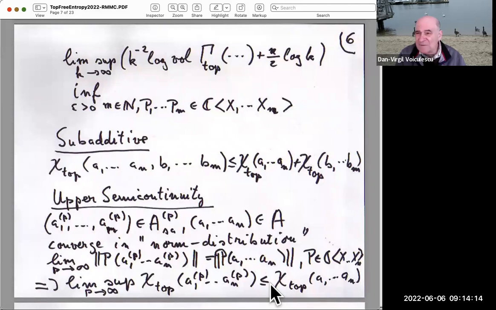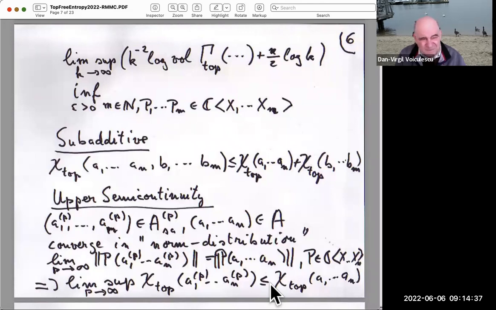You have the same thing here, but instead of convergence in distributions, there is a convergence of norm distributions. That is the limit of the norms of these polynomials. You have A1, ..., An, an n-tuple with an upper index p, in some C-star algebra, also with an upper index p.